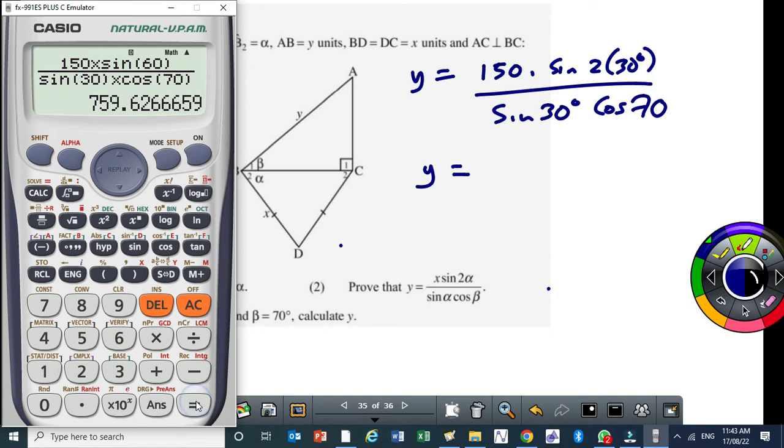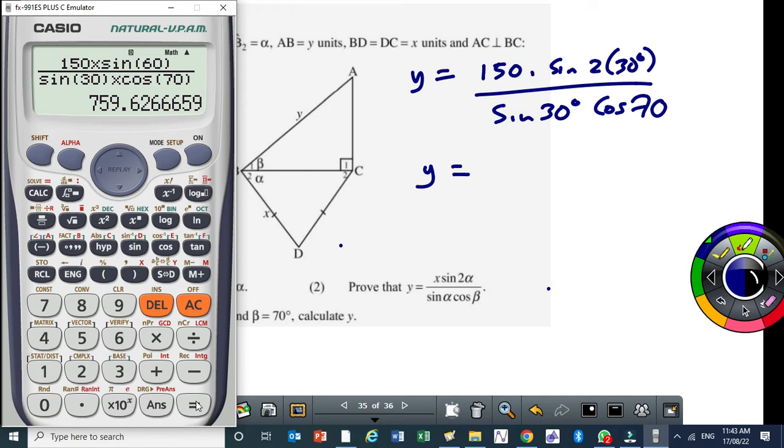Then we get our nice answer. Remember, we are given x as 150, so we're supposed to determine y. Obviously, by observation, y should be greater than x, but it looks wrong.